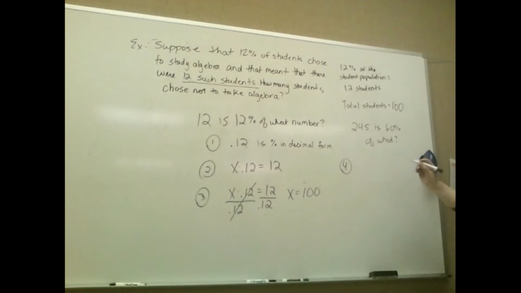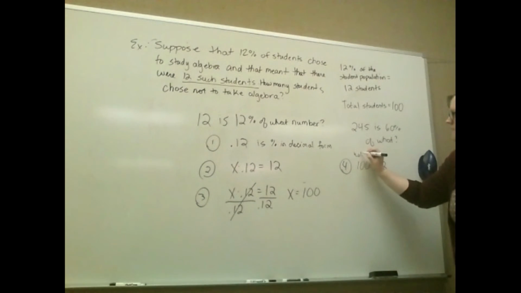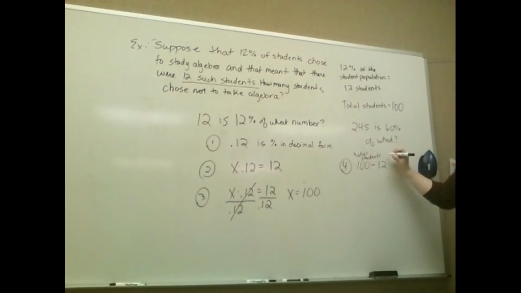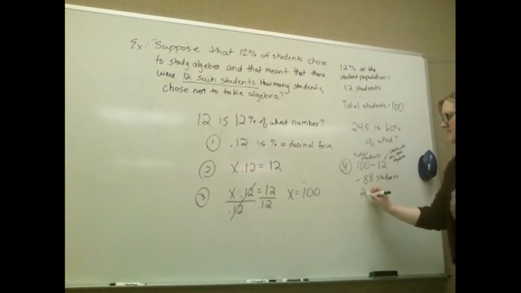Minus 12. Exactly. So we took the total number of students minus the number of students that took algebra. So I'll label this here for any of you guys that want to watch the video later. Total students minus students who took algebra. So 100 minus 12 equals 88 students that didn't take algebra.